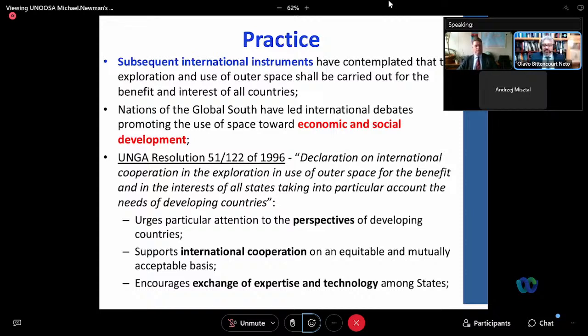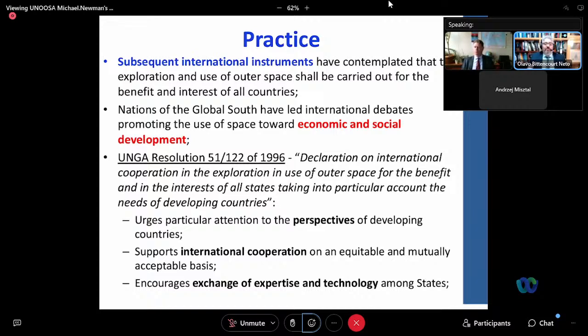So it's such an important resolution. In one way or another, it was able to apply the Article 1 principle of the Outer Space Treaty, considering the demands from developing nations. First of all, the resolution urges particular attention to the perspectives of those nations, considering their needs and demands.